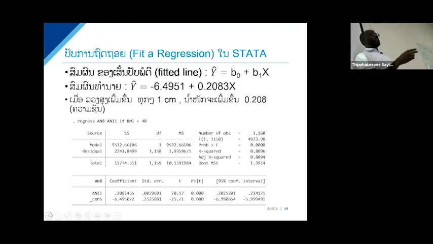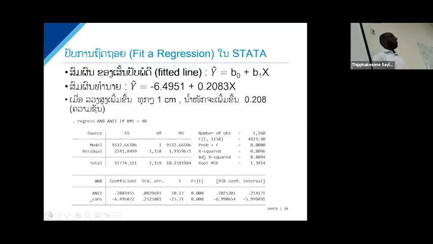So if I were to do a hypothesis test with a significance level of 5%, testing the null hypothesis that the slope is equal to 0 versus an alternative that says the slope is not equal to 0, what will happen here based on this confidence interval?